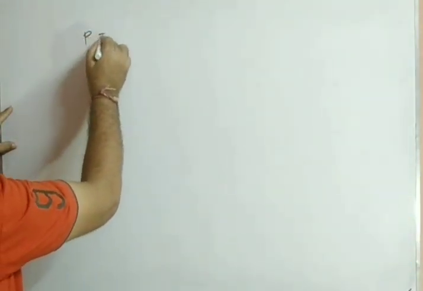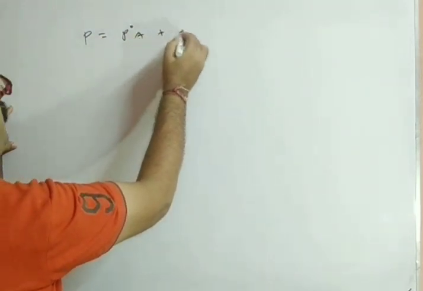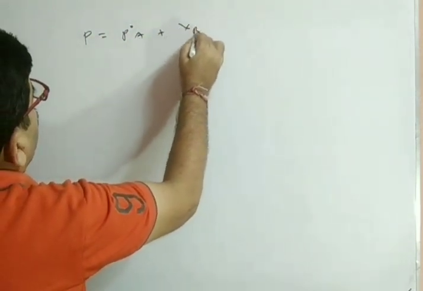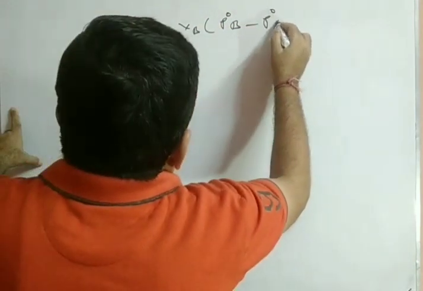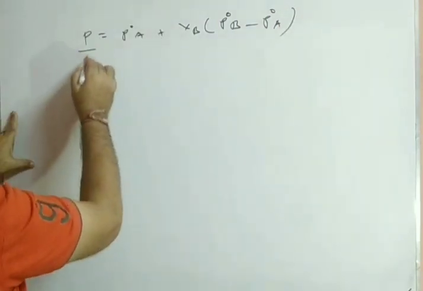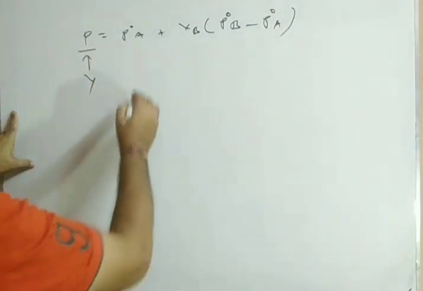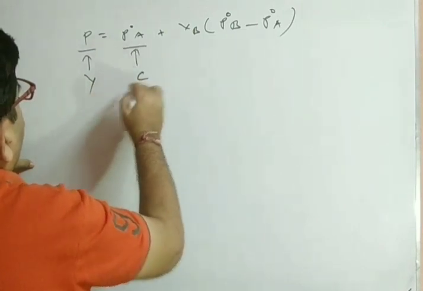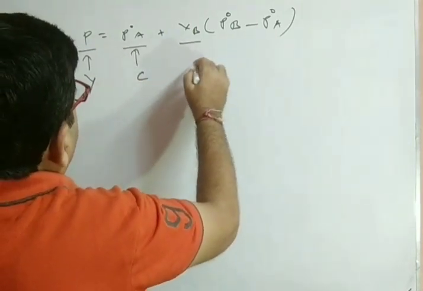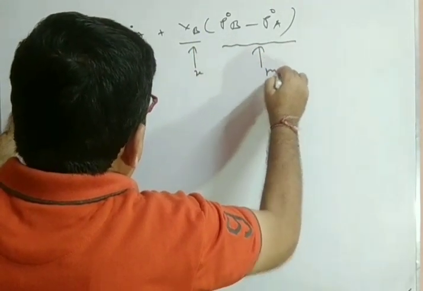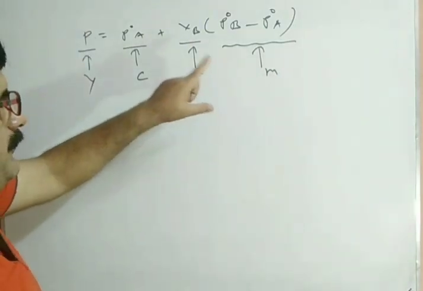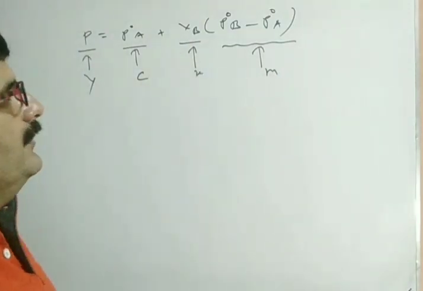Slope. So from the previous equation we can write P is equal to P naught A plus XB into P naught B minus P naught A. This is said to be what? Y. This one, C. This one, X. And this is said to be what? M. Y is equal to mx plus c is said to be what? A straight line equation.